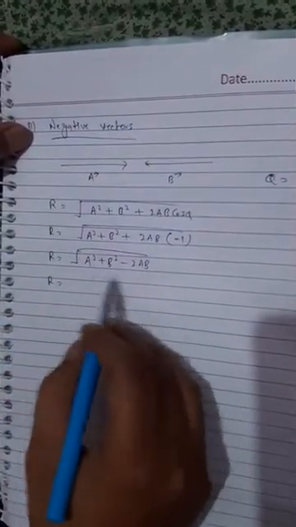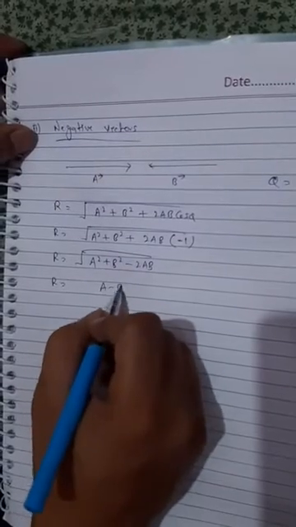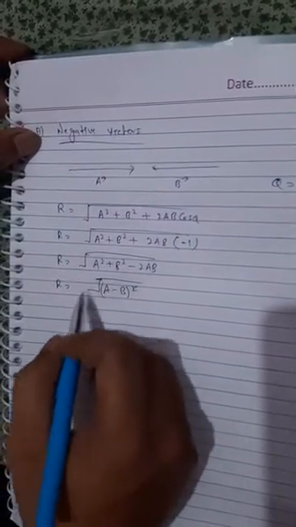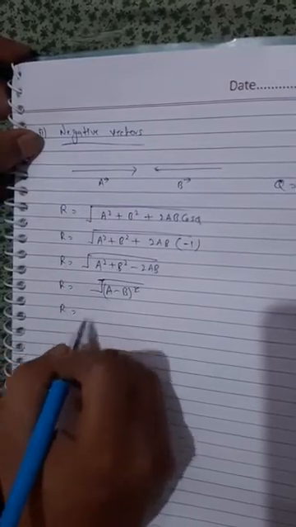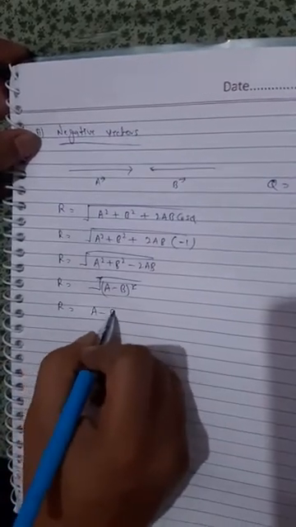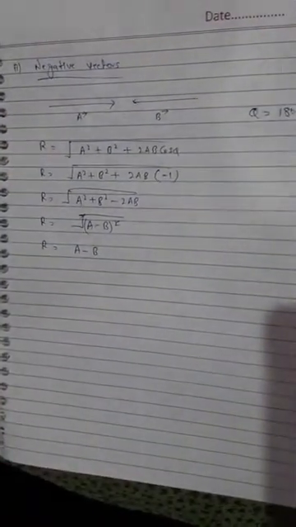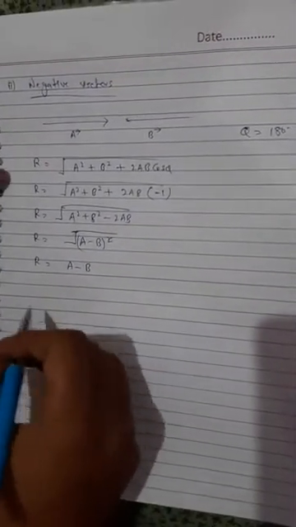Now we can write it in the form of (a minus b) whole square, and the under root and square cancel out, and we are finally left with a minus b. So the resultant of negative vectors will be a minus b.